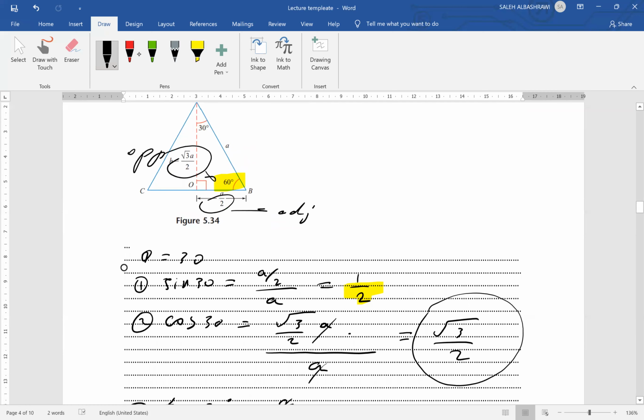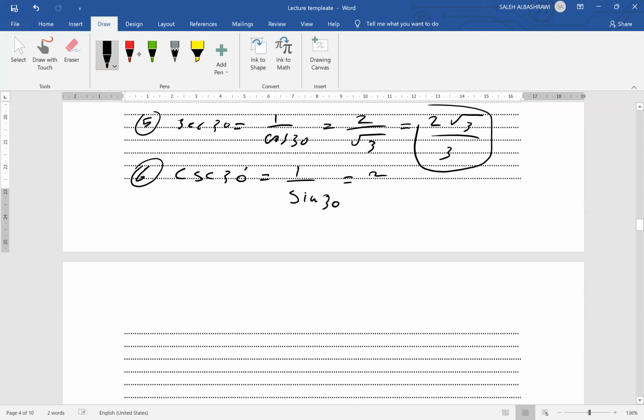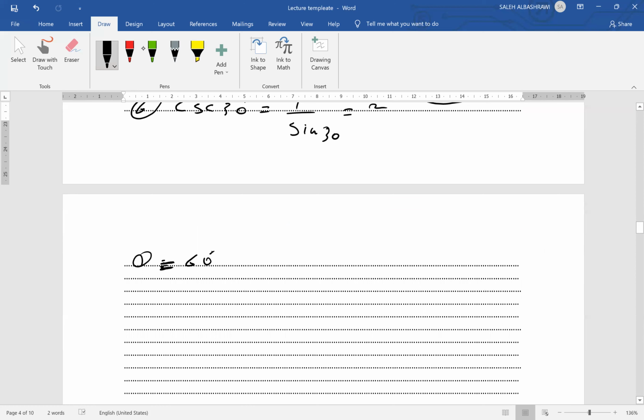So if you apply the same idea, we'll see for theta equal to 60. So we can post the triangle here, just to make it clear.